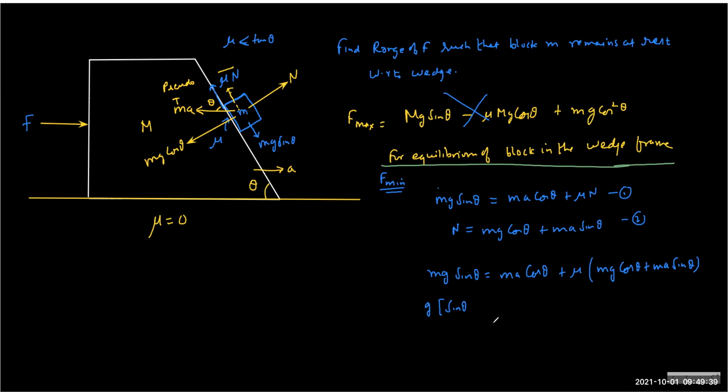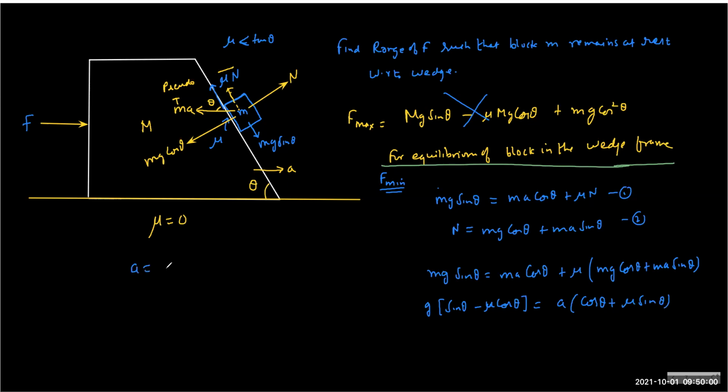So what we are getting is m will cancel out throughout. M is common. So g sin theta minus mu cos theta. And if you look at the a part, it is cos theta plus mu sin theta.